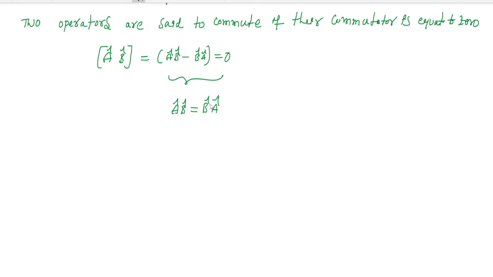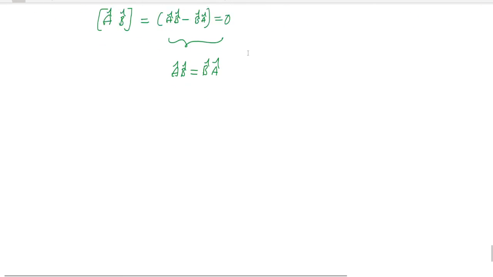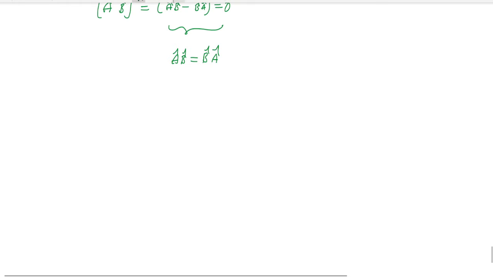Any operator commutes with itself, then it goes to 0. For example, the same operators are there, A and A, then it gives you 0.